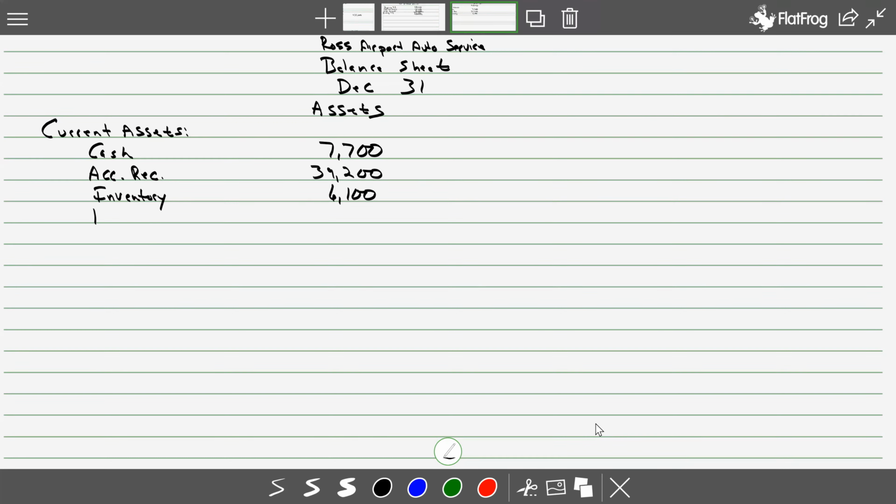And finally, our least liquid is the prepaid expenses, because very likely we're not gonna get a refund on something we've already paid. In this case, I'm not gonna call it prepaid expense, it's prepaid rent. Okay, that was the expense that we paid early. We paid $27,300 in advance.